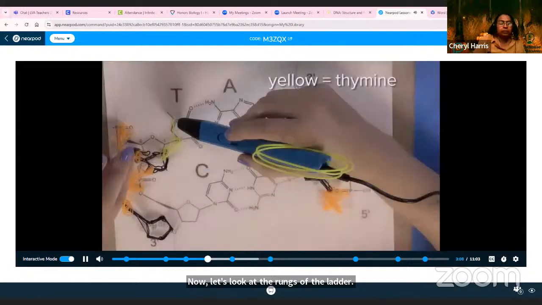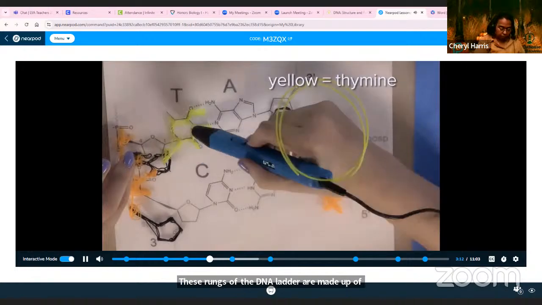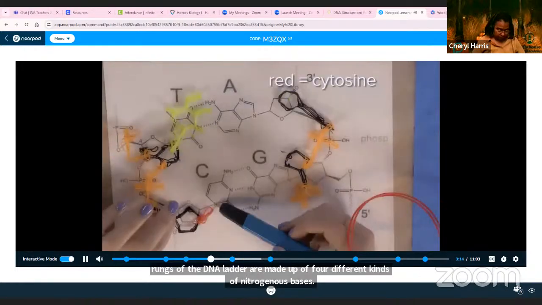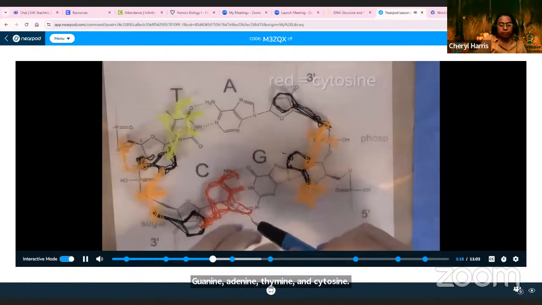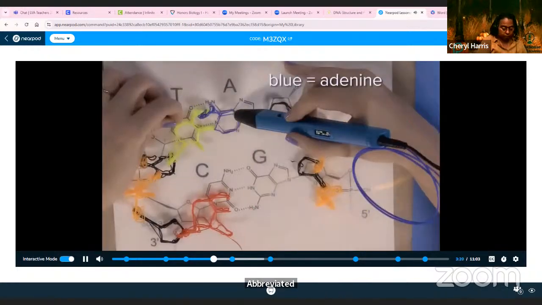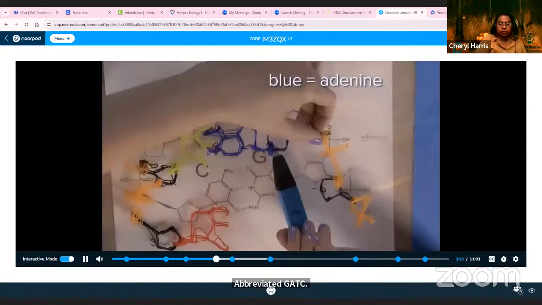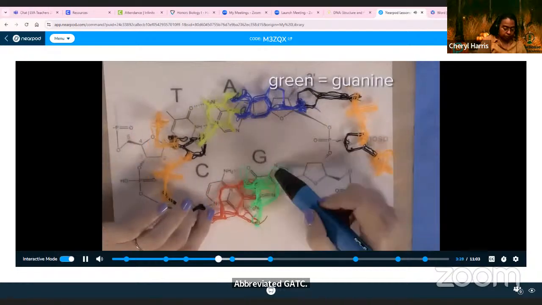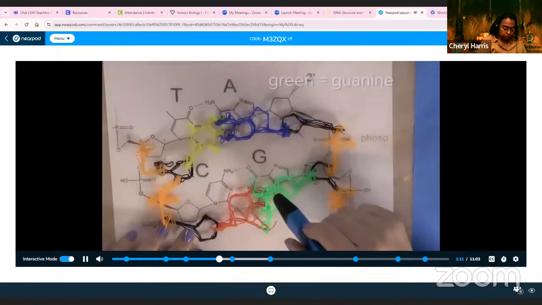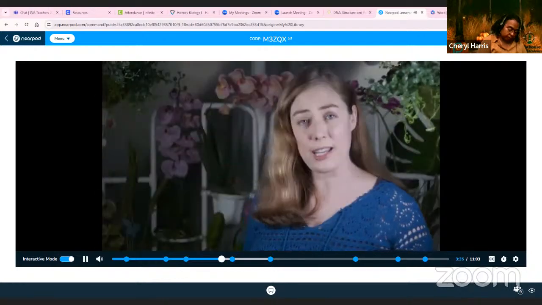These rungs of the DNA ladder are made up of 4 different kinds of nitrogenous bases: guanine, adenine, thymine, and cytosine, abbreviated GATC. The order of these bases is how information is stored in DNA.